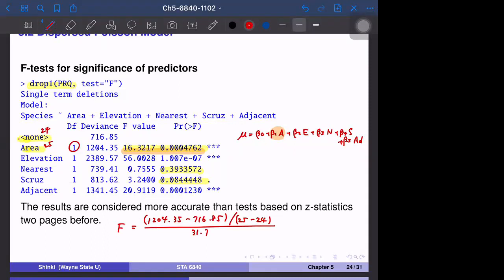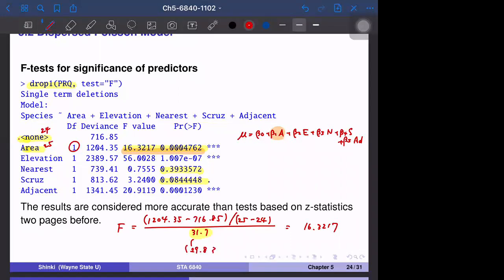Then phi hat was 31.7. But actually, this does not become the number we see, like 15.7 or 8. So it's slightly different. When I look at the result, probably this quantity was estimated as a different number, about 29.8 or something.